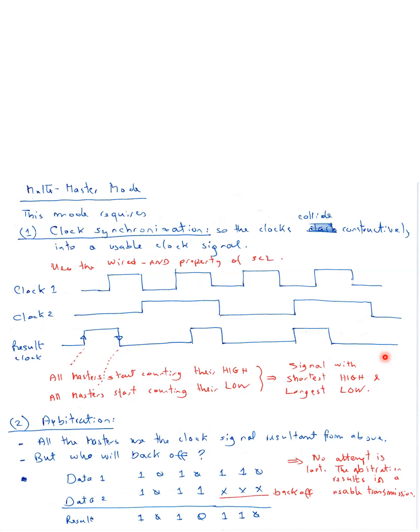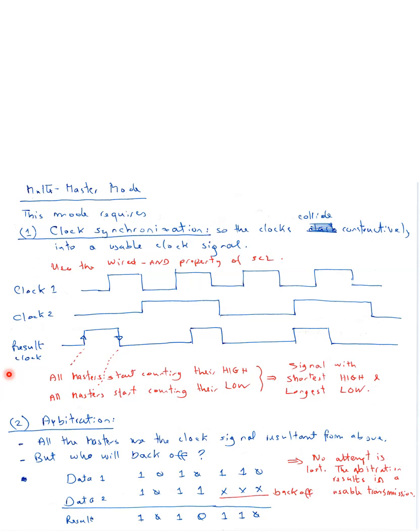That's the nice part: they didn't collide into garbage, they collided into a usable signal. If there is another master, clock 3, or yet another master, clock 4, the same thing would happen. We would still get the shortest high of all 4 of them and the longest low of all 4 of them. So this procedure generalizes.